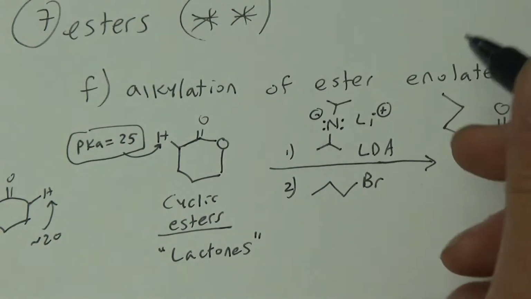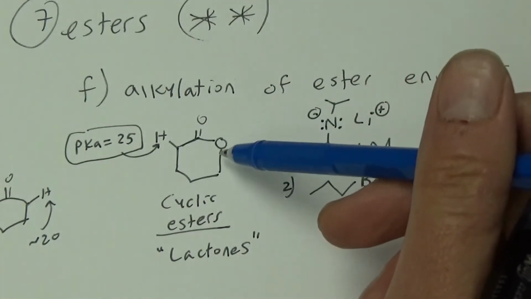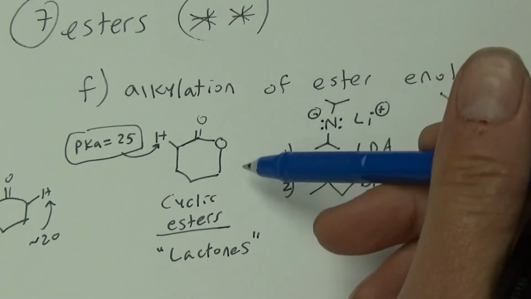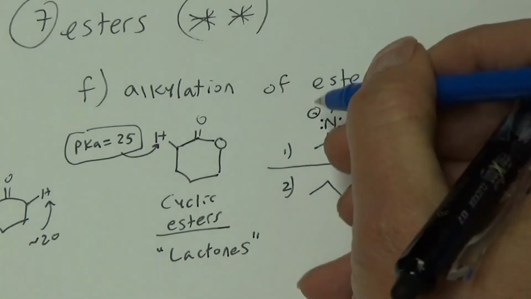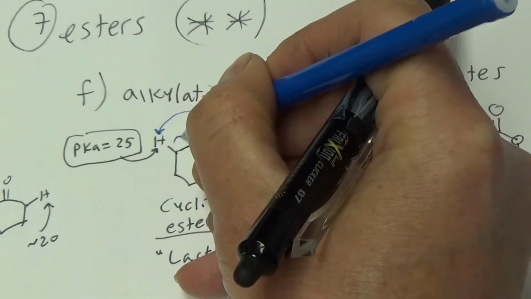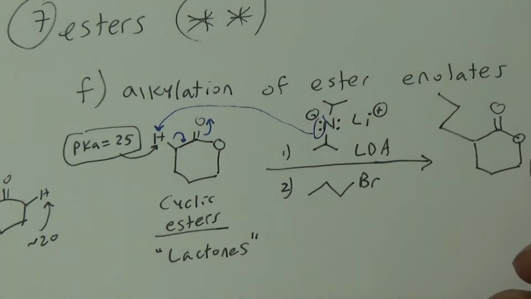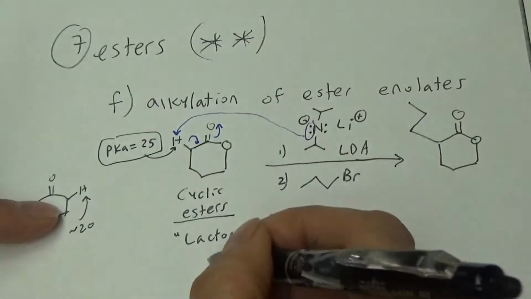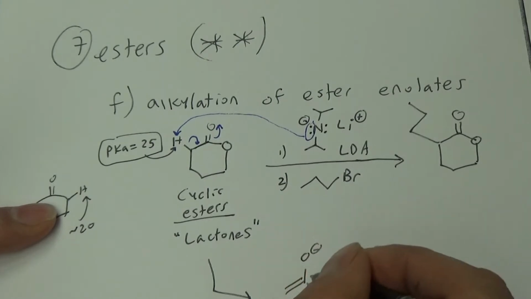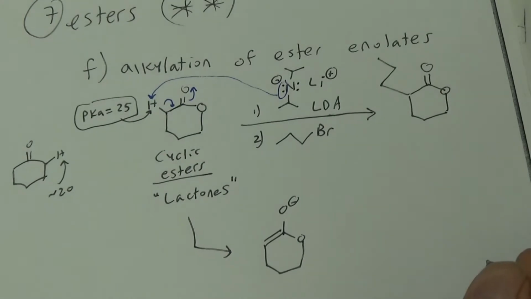Anyway, it's a wonderful base for almost any type of carbonyl, like ketones, aldehydes, esters, nitriles, other things that we're going to see. And as a base, what do bases do? Bases take protons, and so it's just going to make this ester enolate. It's just an enolate of the ester.